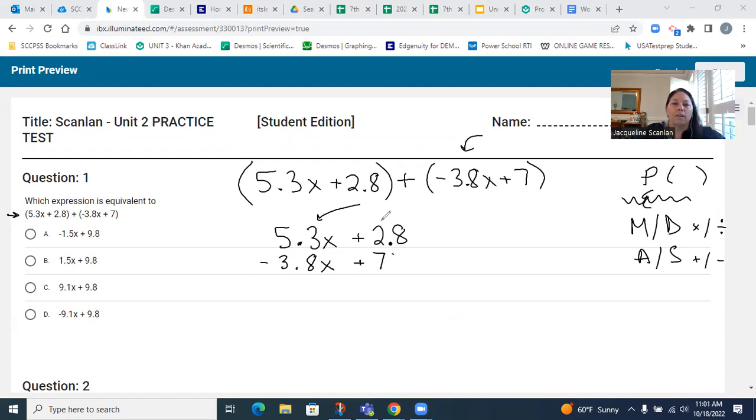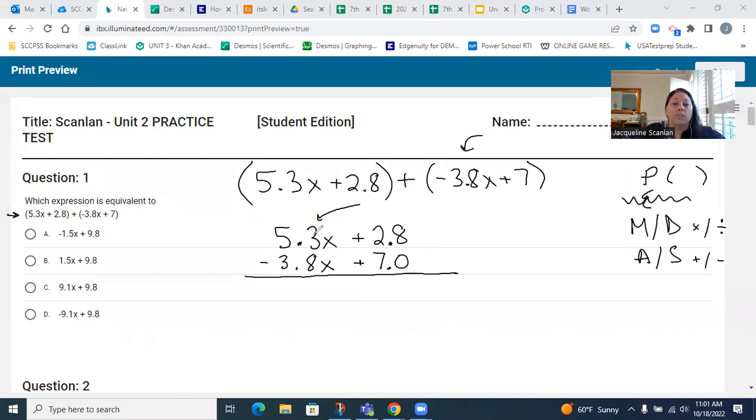And I'm going to make sure on the 7 that I'm going to line up those decimal points. Right, when we are adding decimals, we're going to line up the decimal points, and I'm going to add in a 0.0 just to keep things in the right place. All right, now that I've got it written this way, I'm going to go ahead and add these going down. So I'm going to take 5.3x and subtract 3.8x from it, because that 3.8x is a negative number.